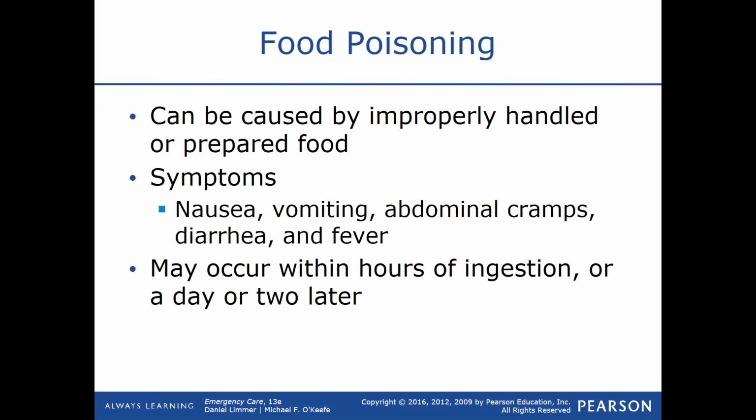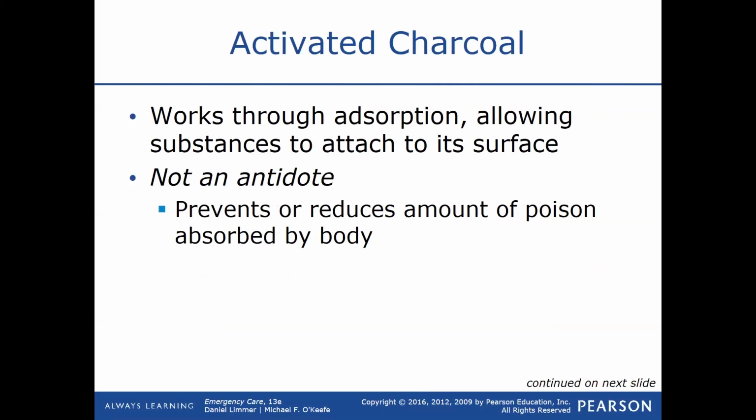Obviously, your stomach is being irritated inside. It may occur within hours of ingesting food. You can't really do much for food poisoning, and it just kind of has to take its course. And most patients won't really have to go to the hospital for food poisoning. They just have to maybe be within the vicinity of a toilet, and they'll be okay and hydrate.